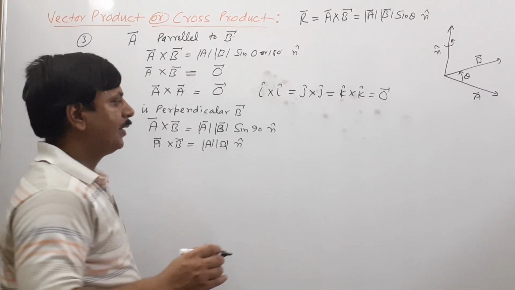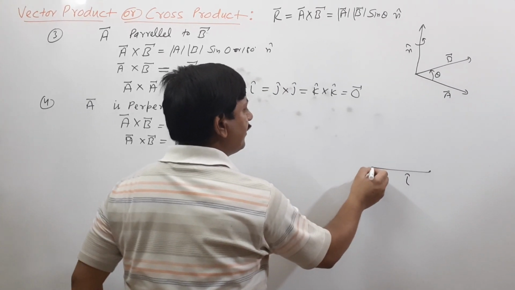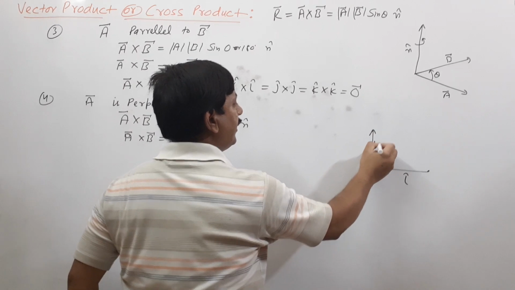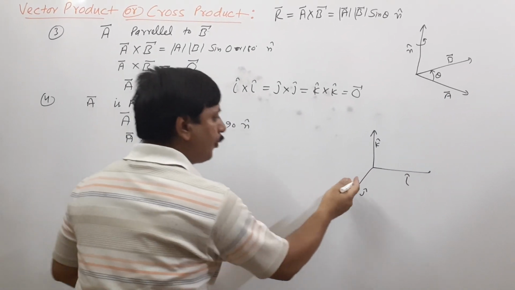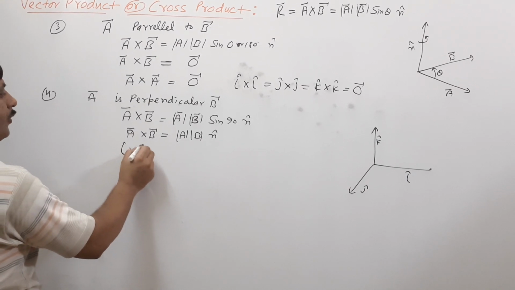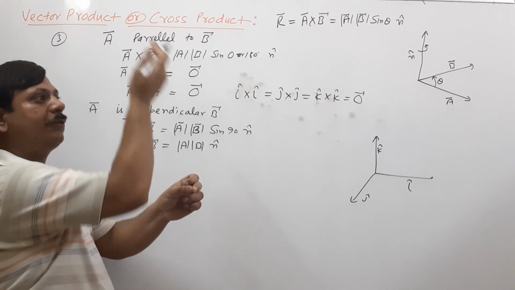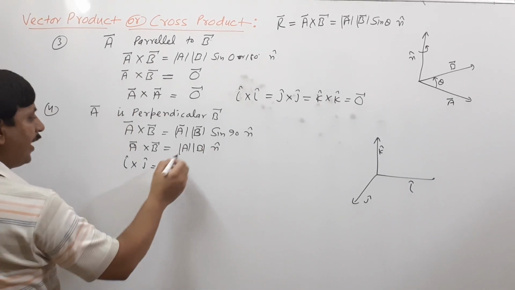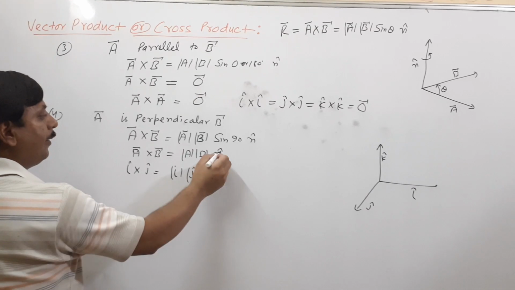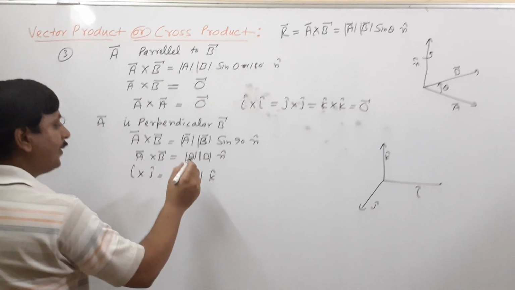If you see, this is unit vector i along the x-axis, j along the y-axis, k along the z-axis. If you take i cross j, and you are rotating from i to j, this will be along k. So n cap will be magnitude of i, magnitude of j, n cap, and n cap will be the direction of k.